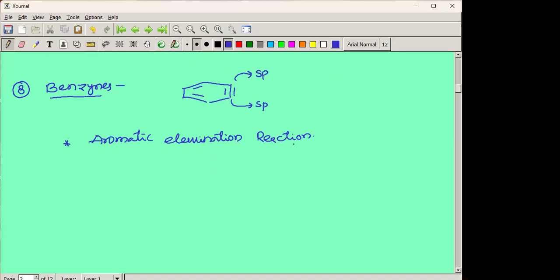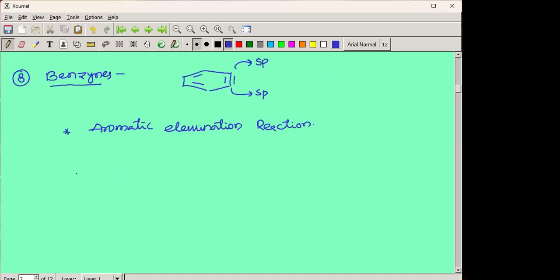A simple example: I am going to represent a benzene. If the benzene is substituted with a strong electron withdrawing group like Z, then due to the strong electron withdrawing nature, what happens in presence of a strong base?